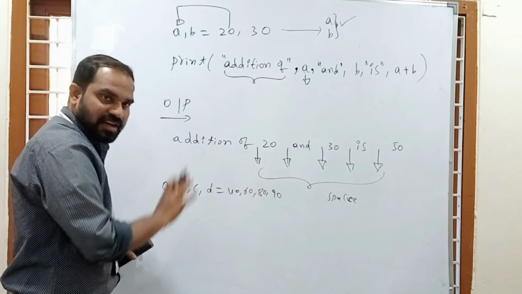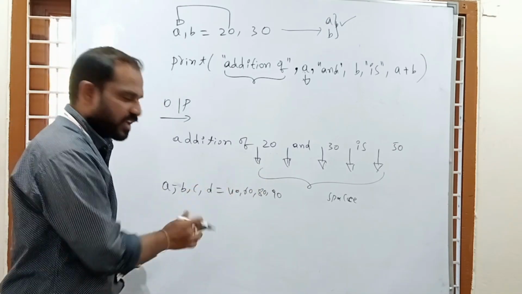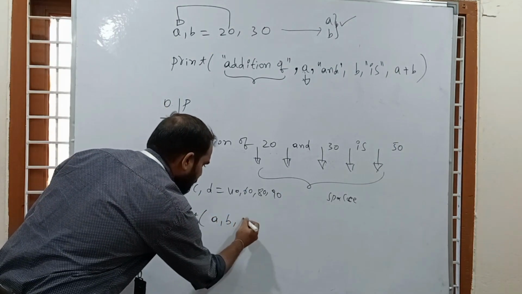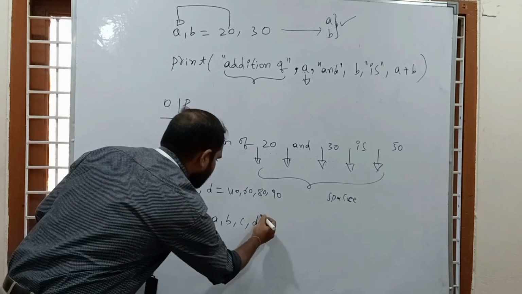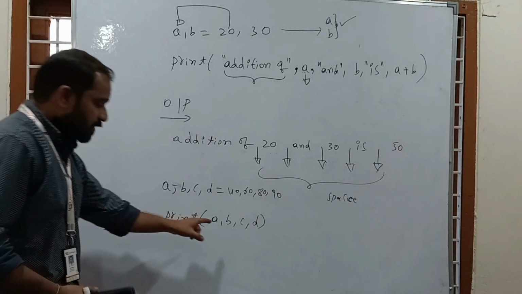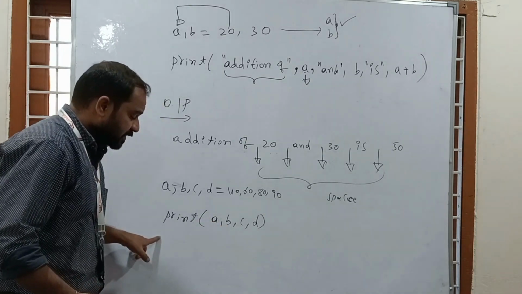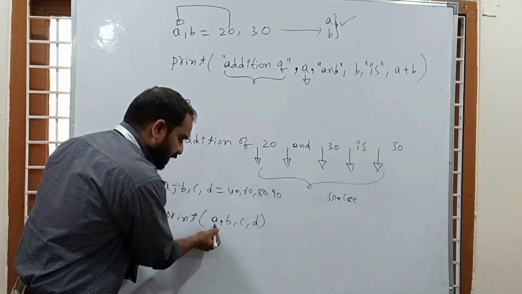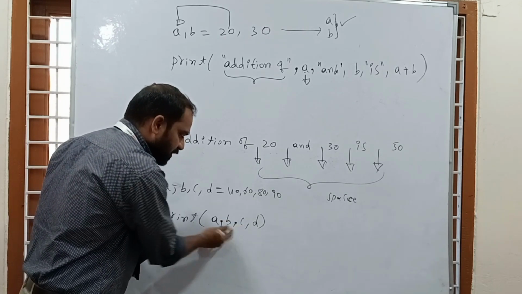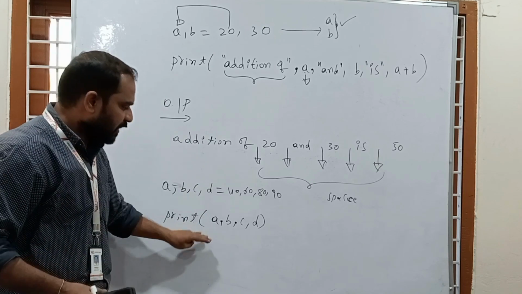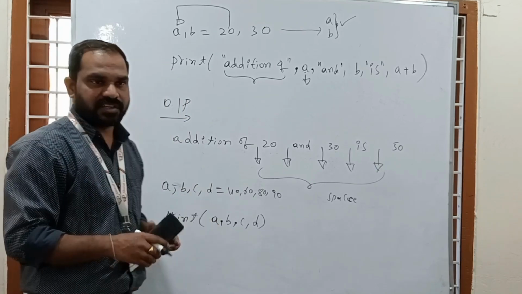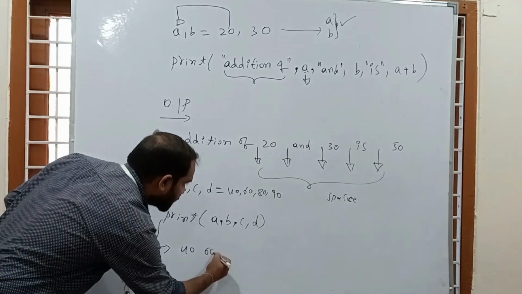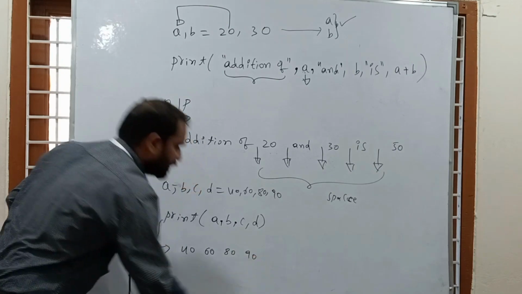I want to print all the values which I have stored in the variables. Then simply print a comma b comma c comma d, right? Whenever this print function is executed by the interpreter, what is a? First value. What is b? Second value. These are separated by commas. So we are printing multiple values onto the screen. When you execute this, the output will be 40 space 60 space 80 space 90.